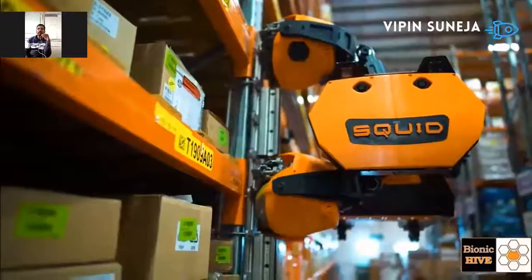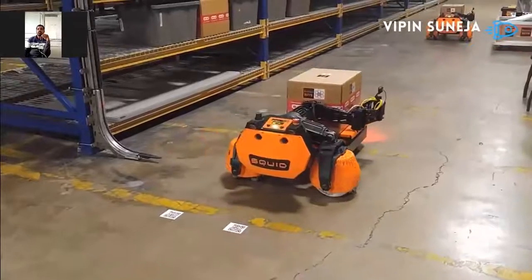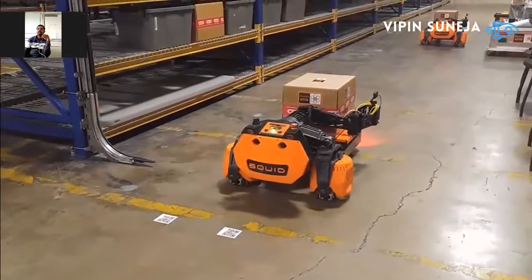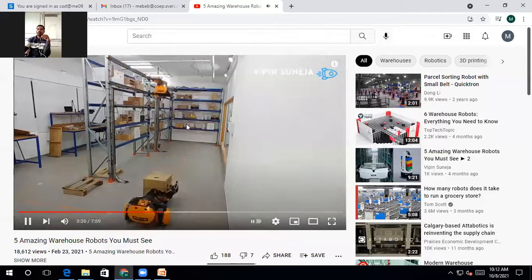These are the unit-load or small carts. Okay, AGVs, small cart AGVs, known as unit-load AGVs. Understood this one?